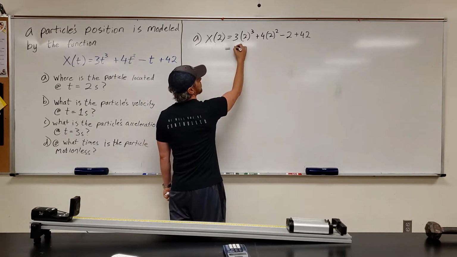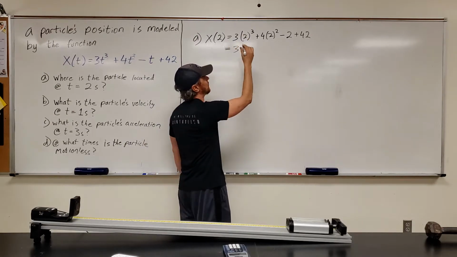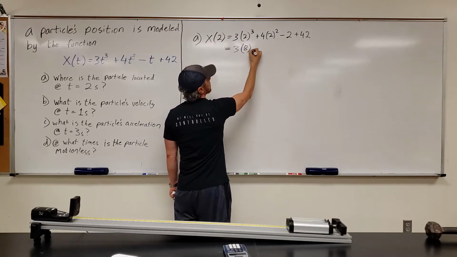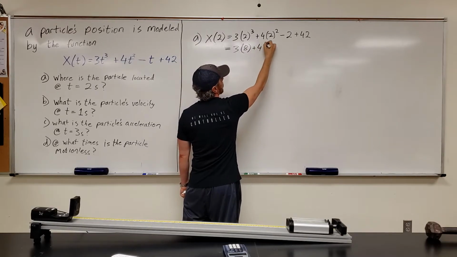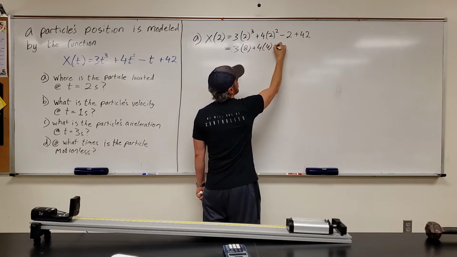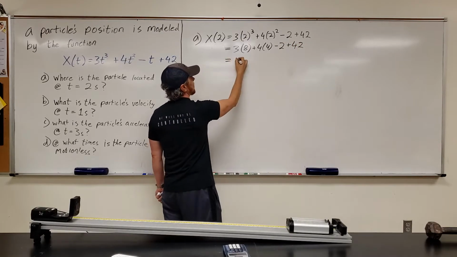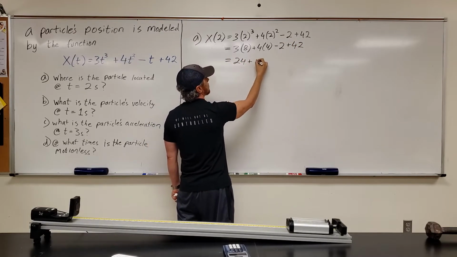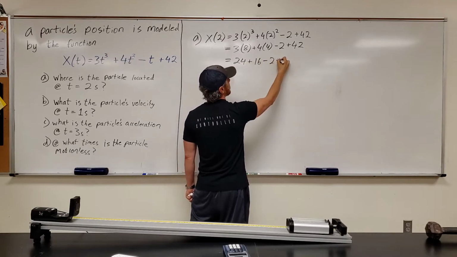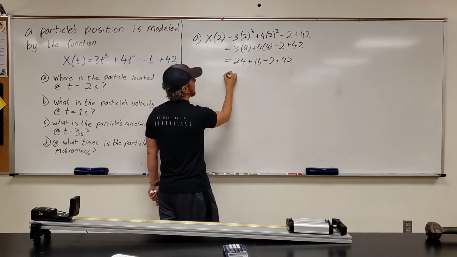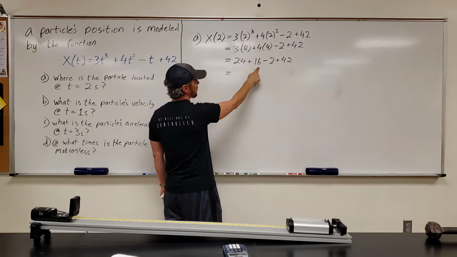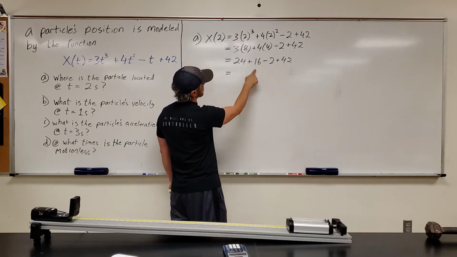I cube the 2, so I get 3 times 8 plus, and then I square the 2 here, 4 times 4, minus 2 plus 42. 3 times 8 is 24. 4 times 4 is 16. The 2 is the same. The 42 is the same. And then I just add all these up. 24 plus 16 is 40.